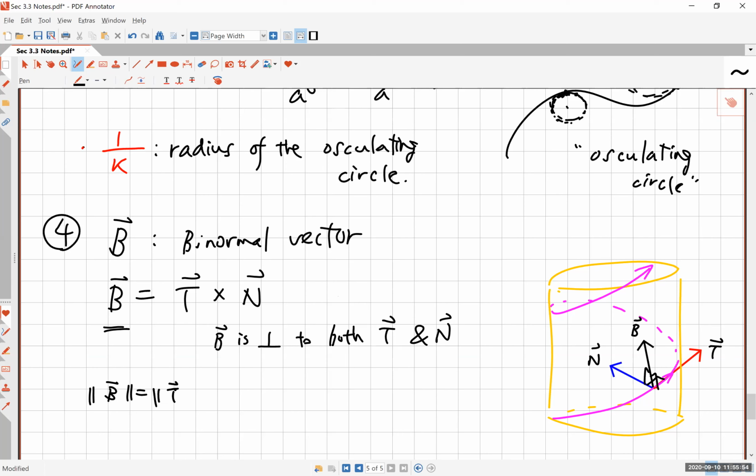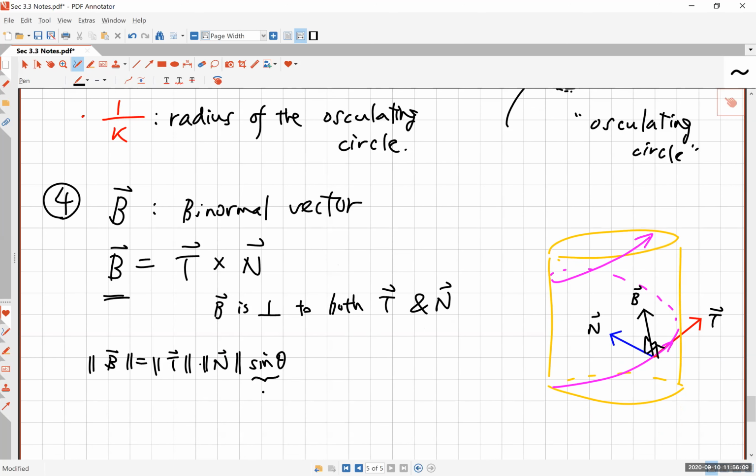It's the norm of T times the norm of N times what? Cosine of the angle between them? No, it's the sine of the angle between them. But T and N are perpendicular, 90 degrees, so the sine is 1. The norm of T is 1, the norm of N is 1. 1 times 1 times 1 is 1. So B is also a unit vector.